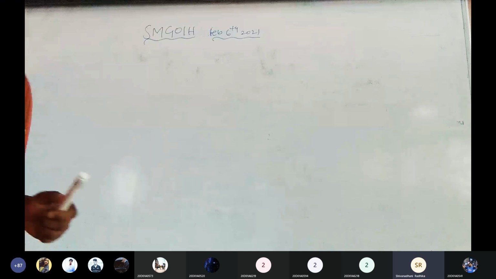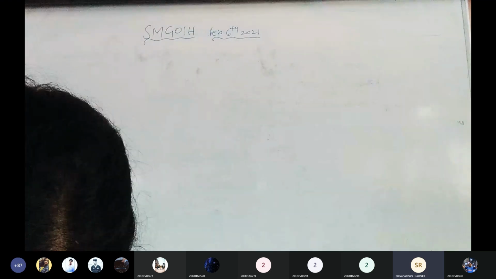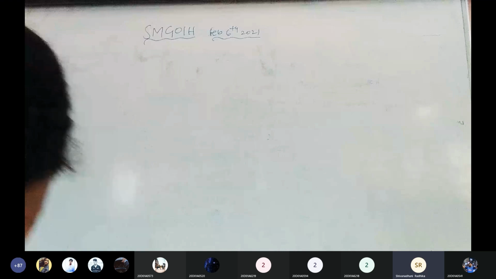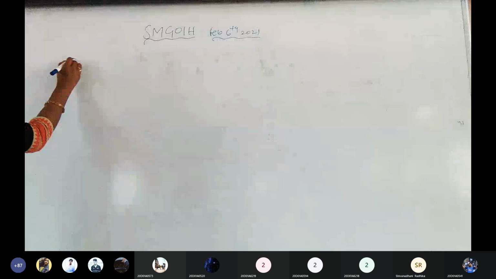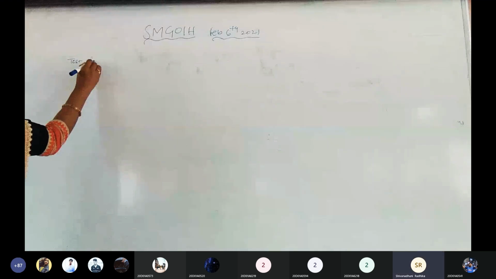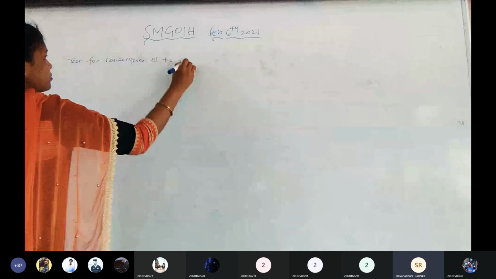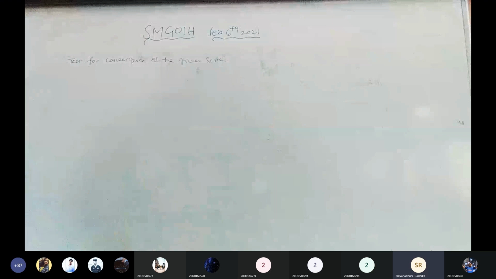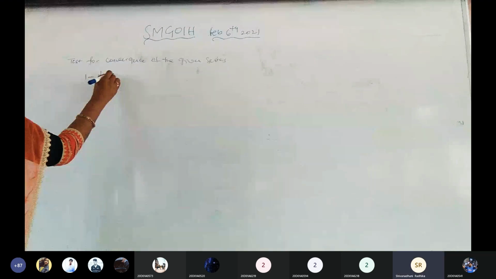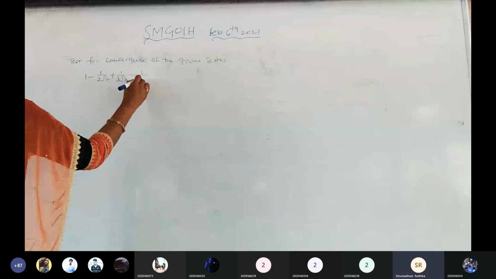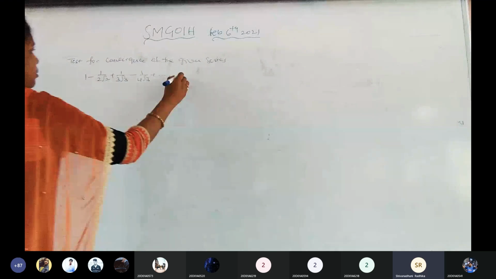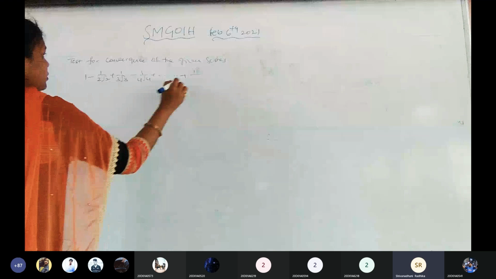Next problem, the last problem. Test for convergence of the given series: 1 minus 1 by 2 root 2 plus 1 by 3 root 3 minus 1 by 4 root 4 plus, up to plus 1 by n into root n.